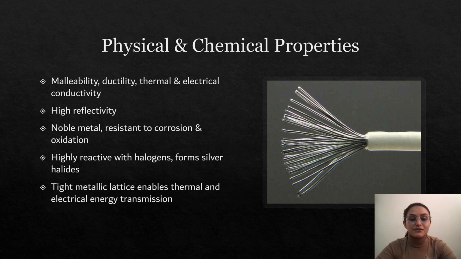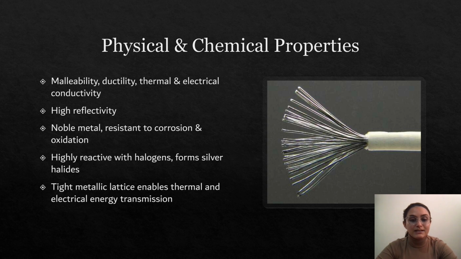Silver is highly reactive with halogens such as chlorine and bromine, forming silver halides. It also reacts with nitric acid to form silver nitrate. The physical and chemical properties of silver are largely determined by its atomic structure.